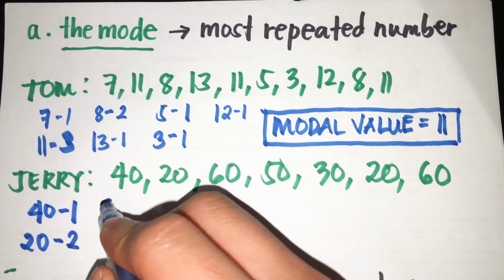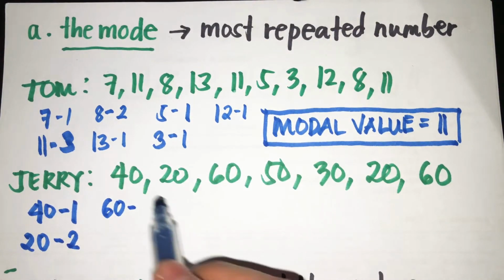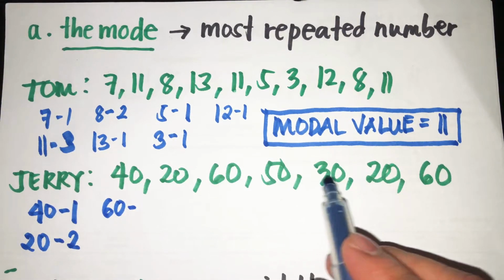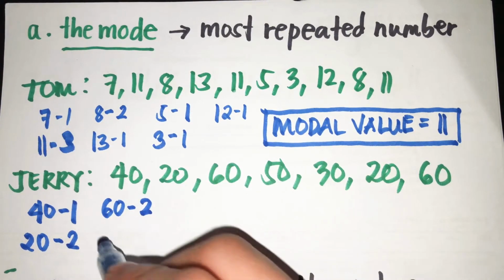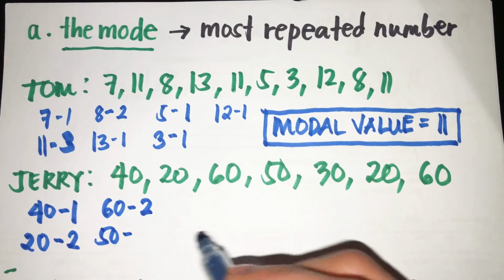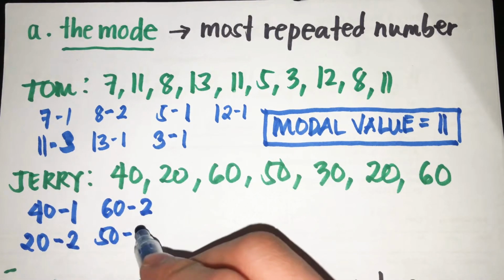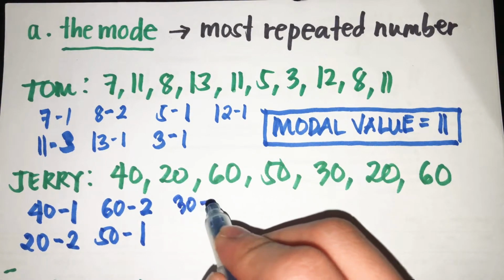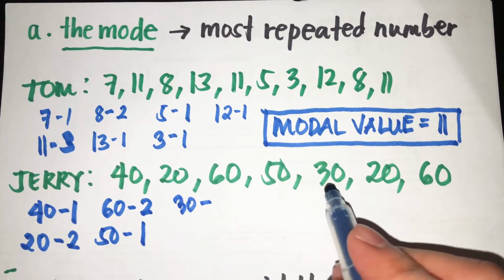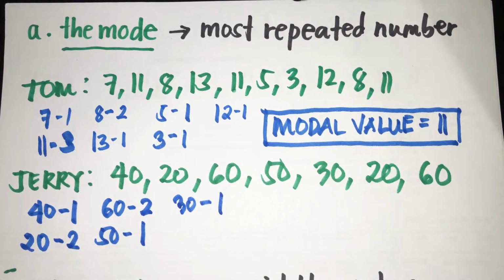Then for 60, it appears twice also. Then for 50, once. Then for 30, once. Then for 20, twice, and for 60, twice.